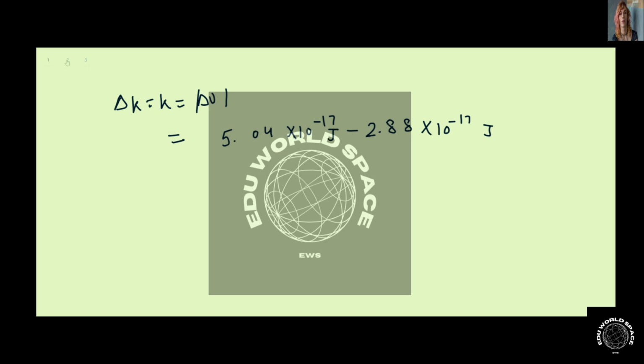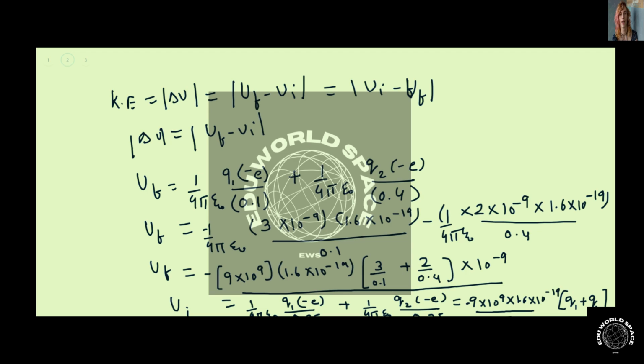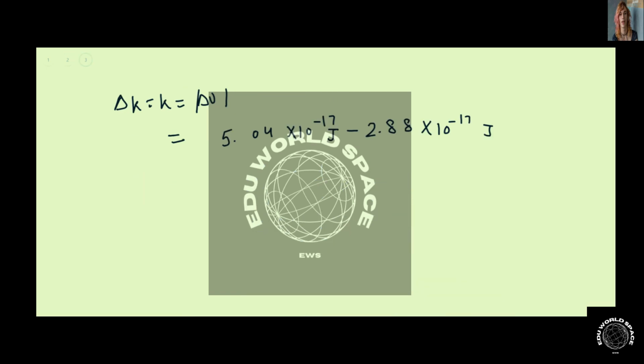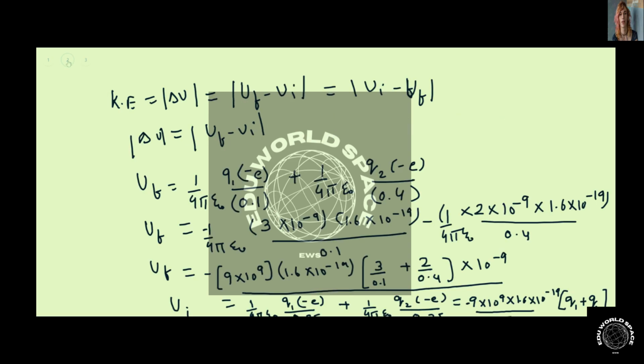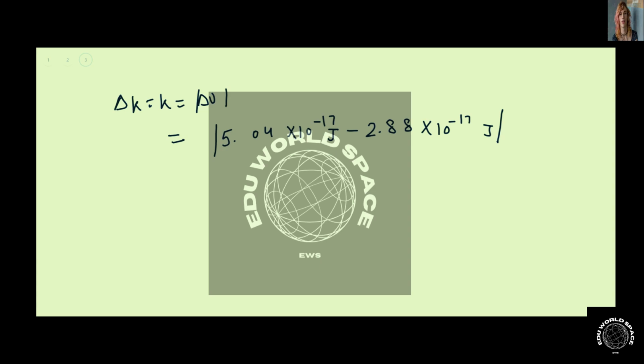So we just calculated delta U. These are the values of UF and UI. So this is K. K is half m_e v squared. So putting this value, we have 5.04 into 10 raised to minus 17 minus 2.88 into 10 raised to minus 17 joule.